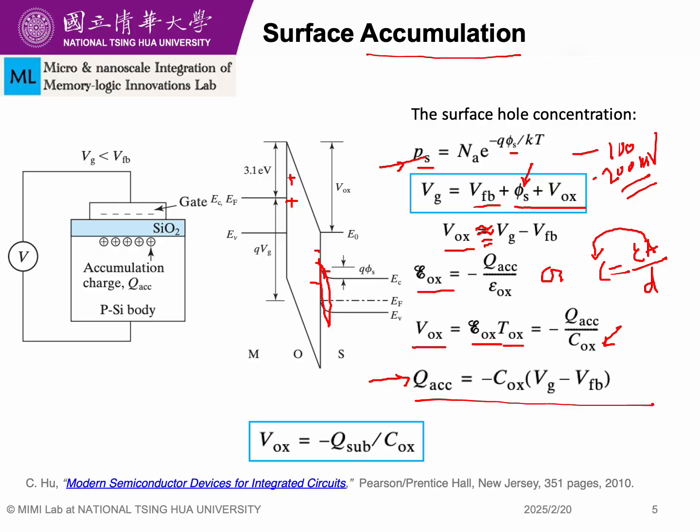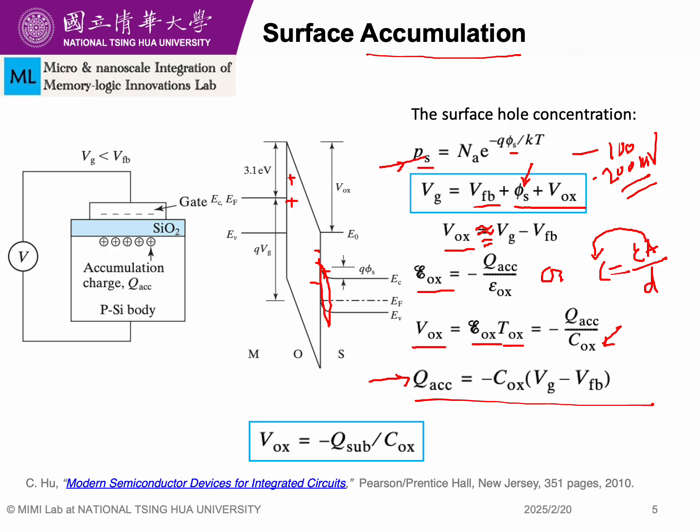When we have flat band condition, we do not have any accumulation charge. So the accumulation charge is also accompanied by the substrate charge. The substrate charge can take care of all the charges that may be present in this substrate, including accumulation.